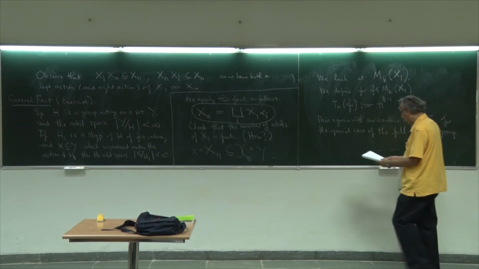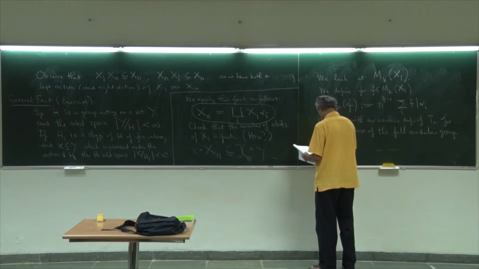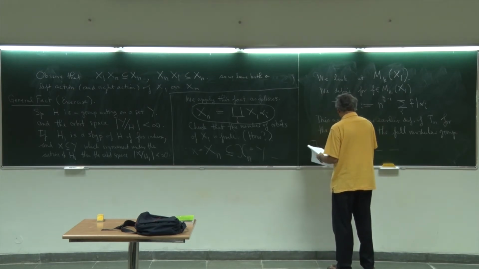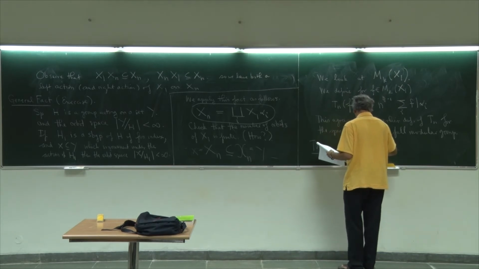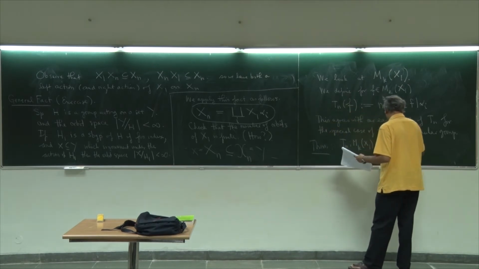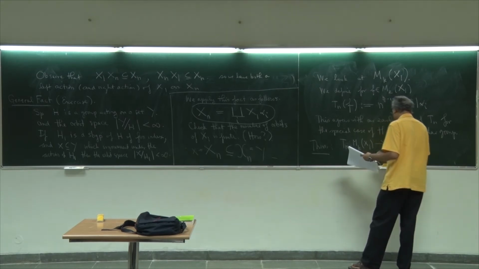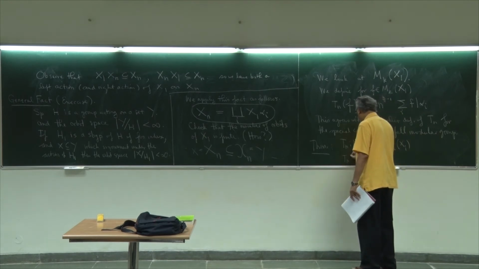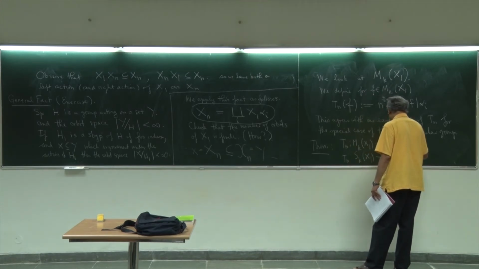And so we have the theorem that Tn maps Mk of x1 into Mk of x1. And Tn maps Sk of x1, the space of cusp forms, into Sk of x1.